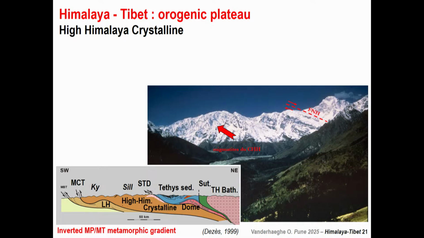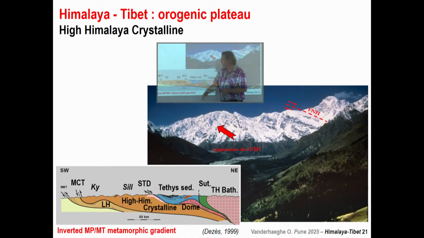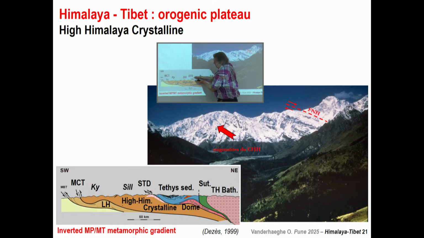So you have here the High Himalayan Crystalline, the Main Central Thrust, and on top of that, a normal fault, the South Tibetan Detachment. And the resulting motion of the High Himalayan Crystalline is sort of oblique extrusion in between a thrust and a normal fault.